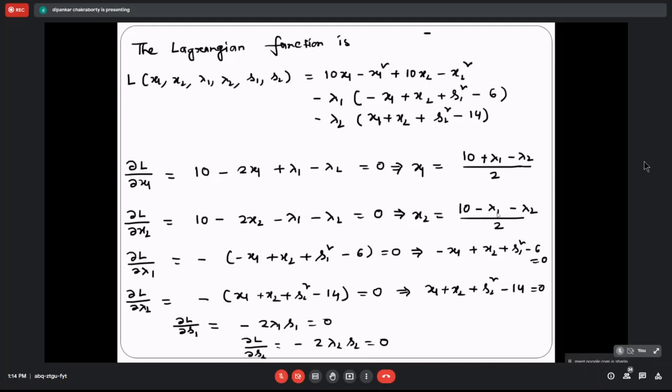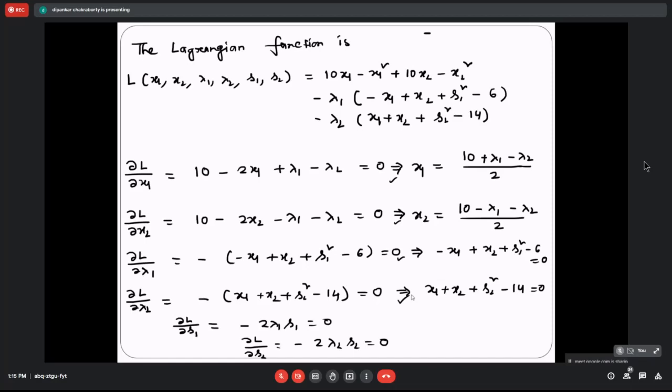Effective equations: 1, 2, 3, 4. Right? These 4 relations do you have. But you have to find out 6 variables. Is it possible to find out? So here the problem is that we have fewer equations than the number of variables.